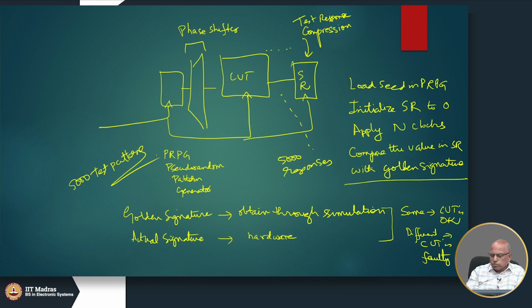But I am not going to store 5,000 responses. What I will do is store only the signature. The signature will be a small value. Suppose the signature register has a size of 16, then it will only be 16 bits. That is why it is called response compression, and a signature is a way of compressing the responses.